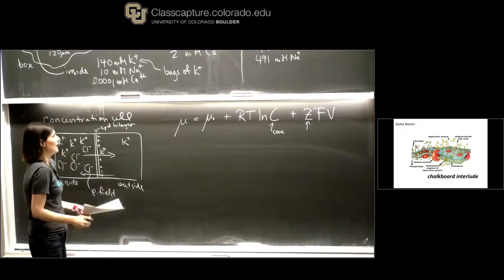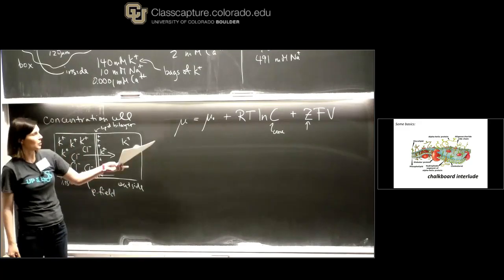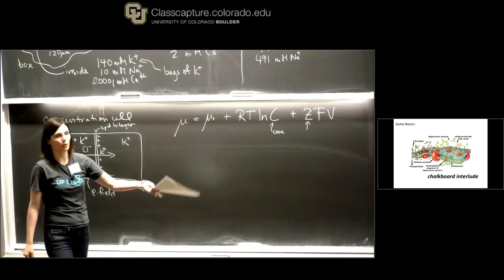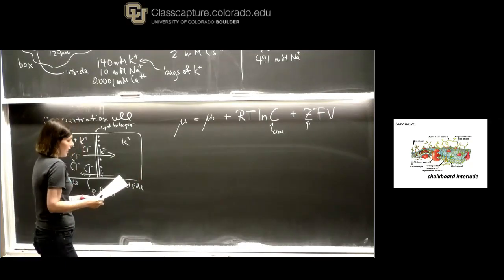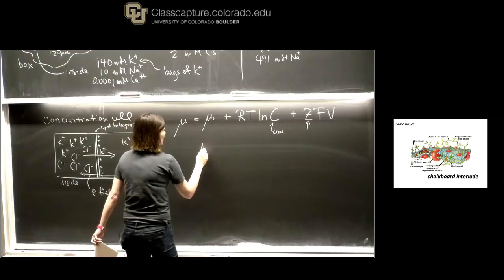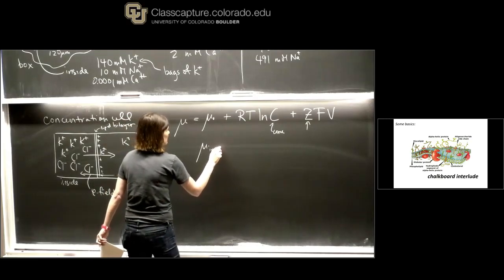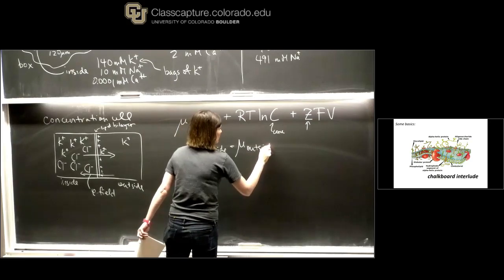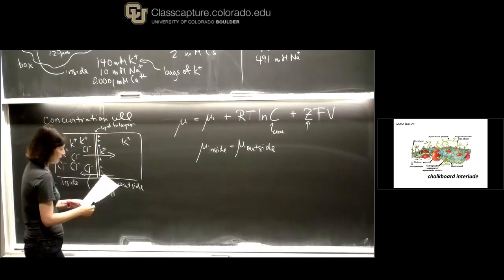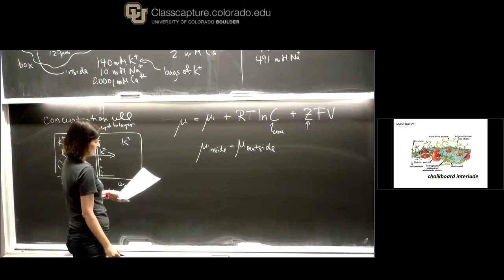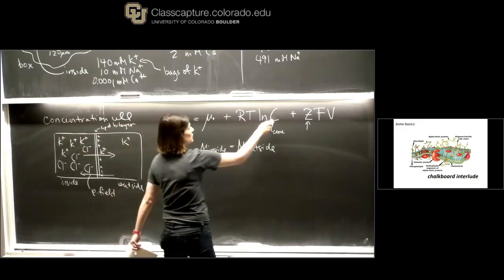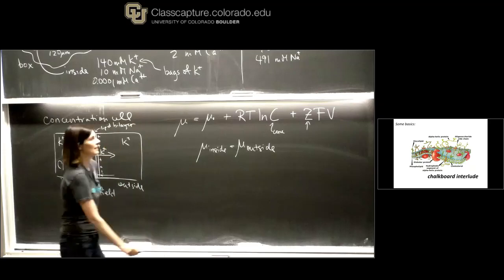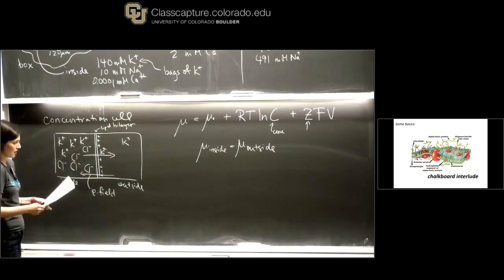So just like in a regular potential, we want to move from higher to lower chemical potential. So at equilibrium, we're going to say the chemical potential inside is equal to the chemical potential outside. Okay? So let's rewrite this. We've got different concentrations of our ionic species inside and outside, and we're going to have a voltage drop inside and outside.